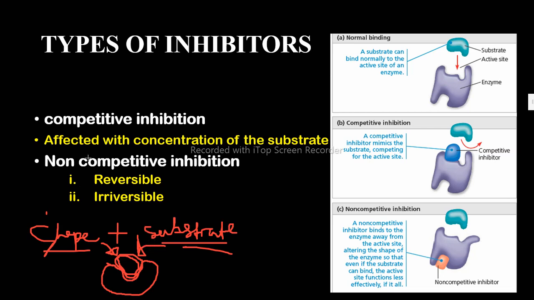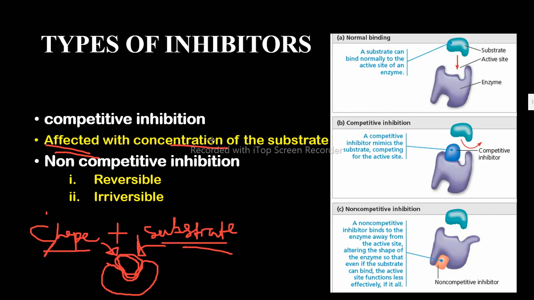But now, however, if I now increase the concentration of the substrate molecules within the reaction vessel, then the rate of reaction is going to increase. The number of products formed per minute is going to increase. Why?